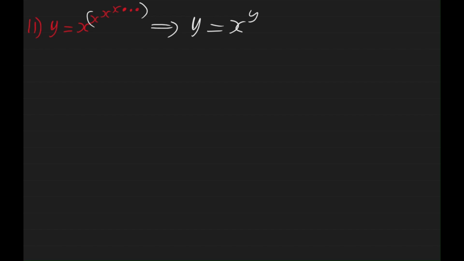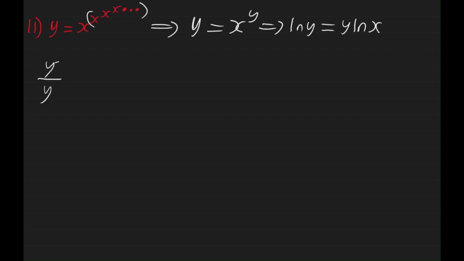And now to differentiate it, we can say that ln y is equal to y ln x. Now to differentiate that, we can say that y, what's the differential of y?